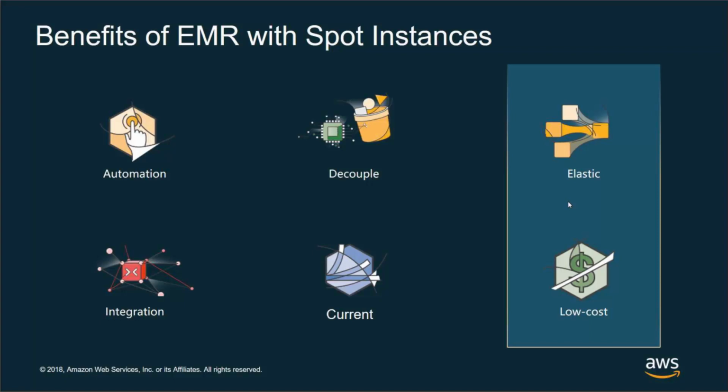We're seeing a lot of customers doing this with AWS Step Functions, CloudWatch events that trigger Lambda functions, or with third-party tools which are really popular, such as Airflow. So EMR fits into your data pipeline with the right type of automation that you want to use for it.